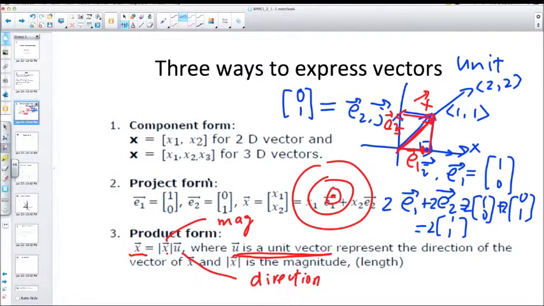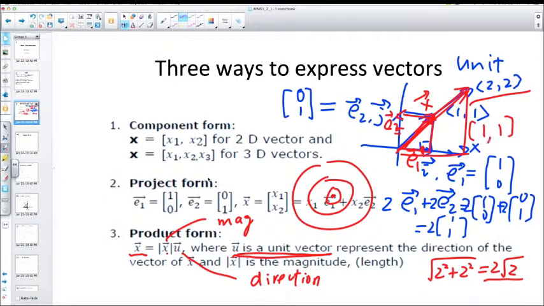Let me give this example again, (2, 2). This vector (2, 2) is not a unit vector. What is the magnitude? It's the hypotenuse here. It's going to be the square root of 2 squared plus 2 squared, which equals 2 square root of 2. So this vector has the length 2 square root of 2. Now how about this (1, 1)? Is this a unit vector?